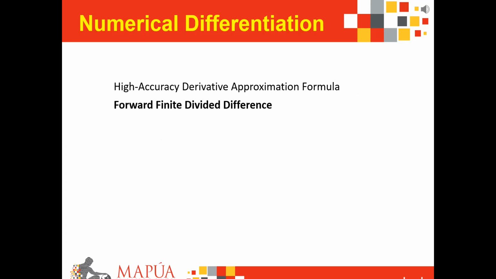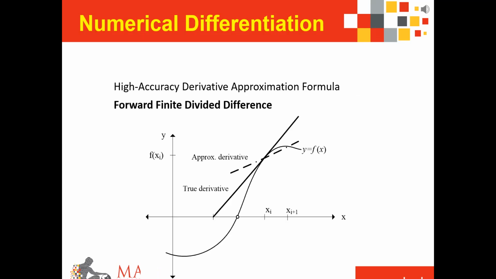High accuracy derivative approximation formula. The forward finite divided difference developed by Newton approximates a derivative value with respect to your given xi and evaluates the function one step size ahead, which is called xi plus 1.